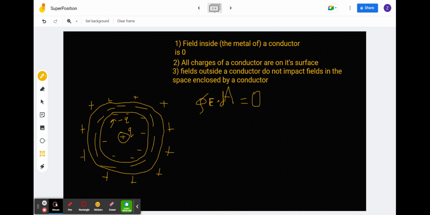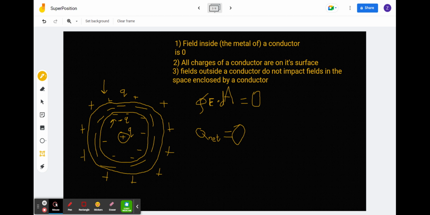Now you might be saying, what about the outside? How much charge does that have? Well, that's a matter of simple math. If the conductor is uncharged, for example, then the net charge, which I'll denote with Q net, is zero. We have a negative Q here, therefore the outside must have Q, because the net charge is the sum of all the charges on the conductor.